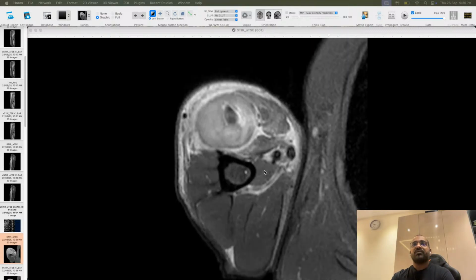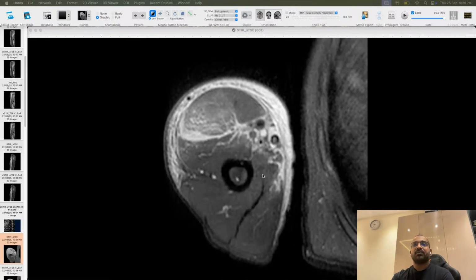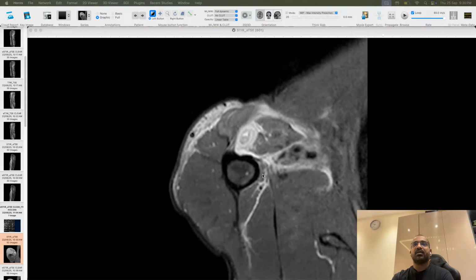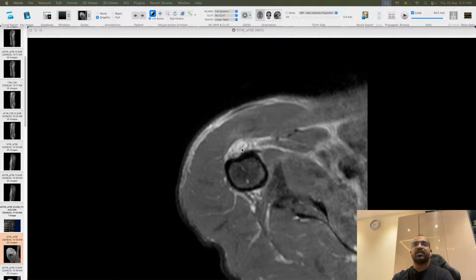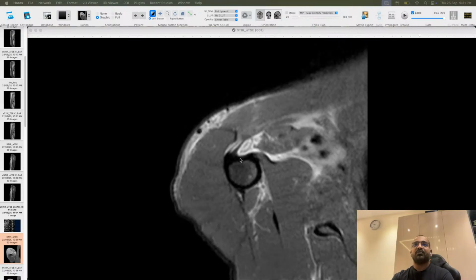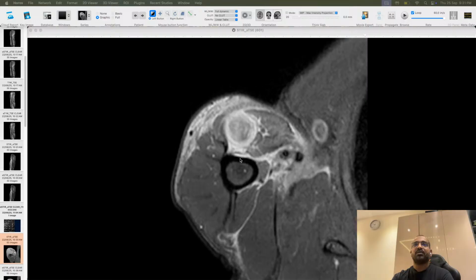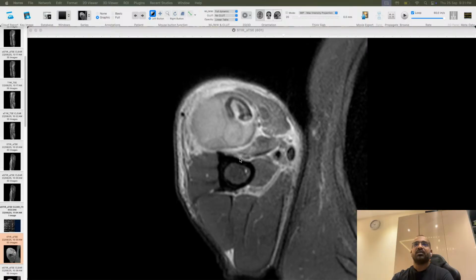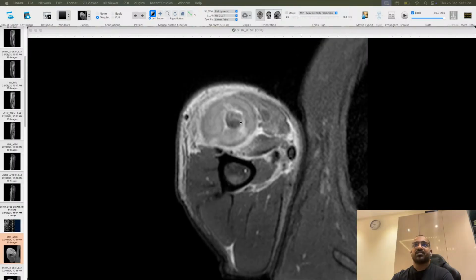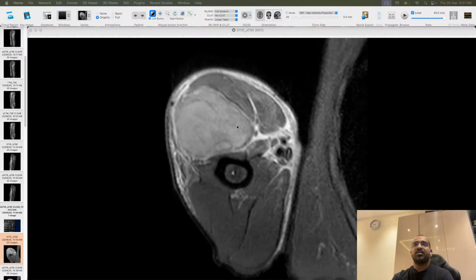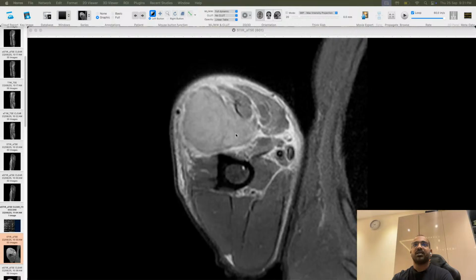So I'm going from the level of the shoulder now. This is the first section, the superior most section available for me, so I'm starting from here. If you see, this is the glenohumeral joint. So I'm going down, down, down. There is a curvilinear T2 high signal structure sitting here, followed by a large intramuscular hematoma.